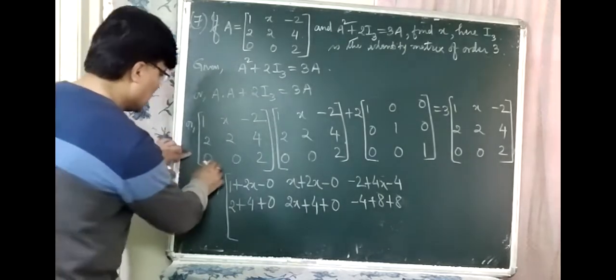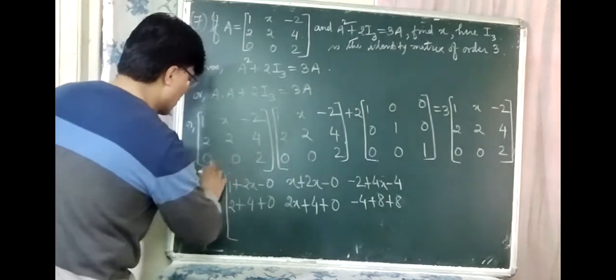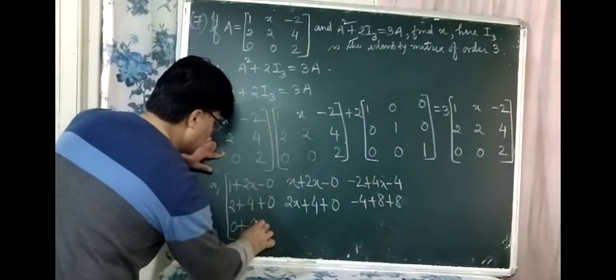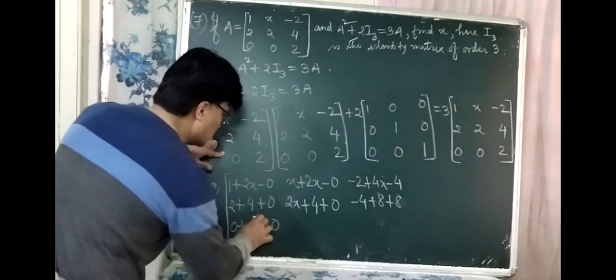Next, the third row by first column: 0 ones are 0, plus 0 twos are 0, plus 2 zeros are 0.